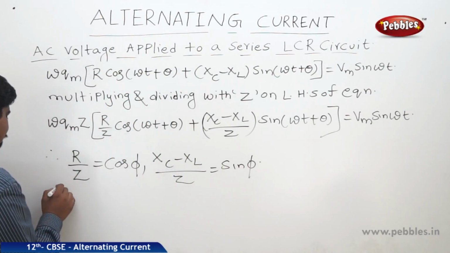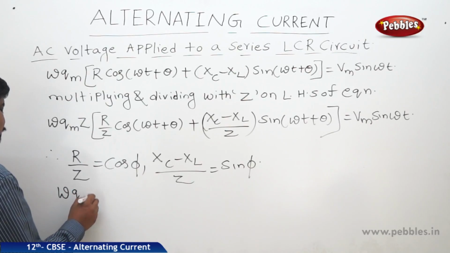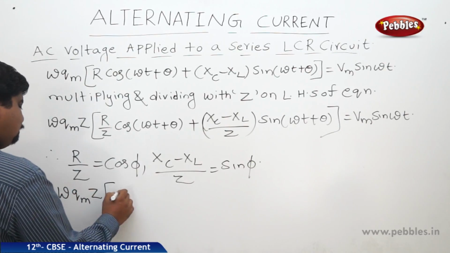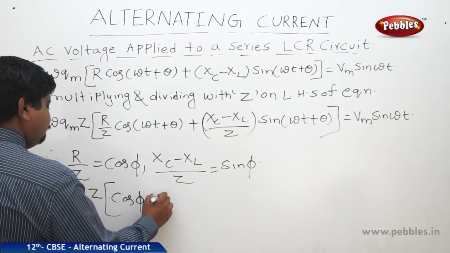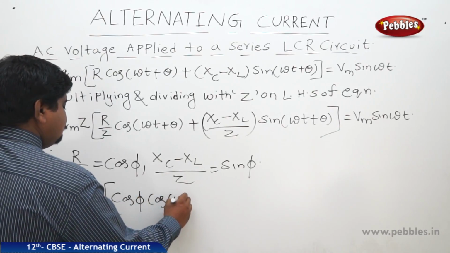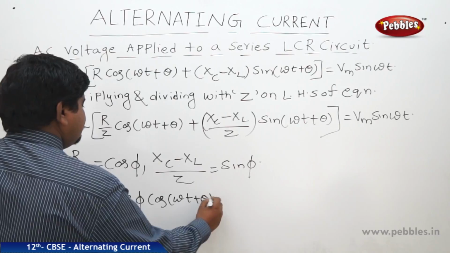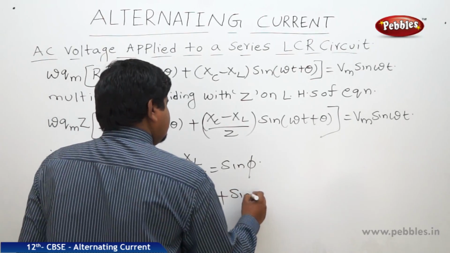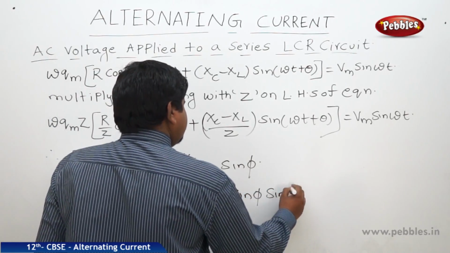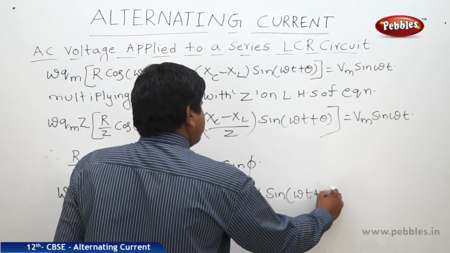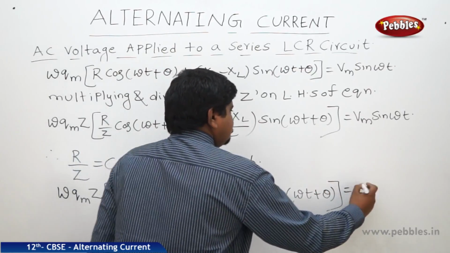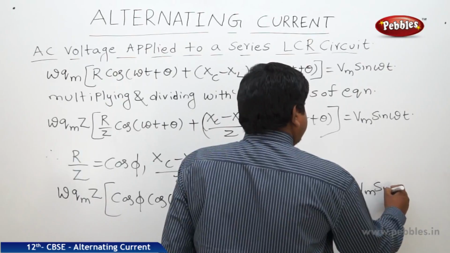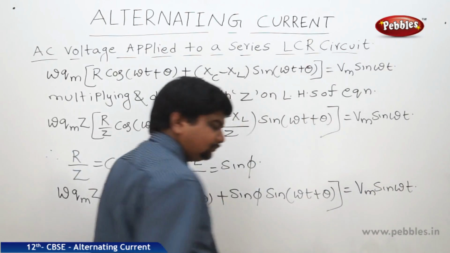So omega qm Z into cos phi into cos(omega t plus theta) plus sin phi into sin(omega t plus theta) is equal to Vm sin omega t.